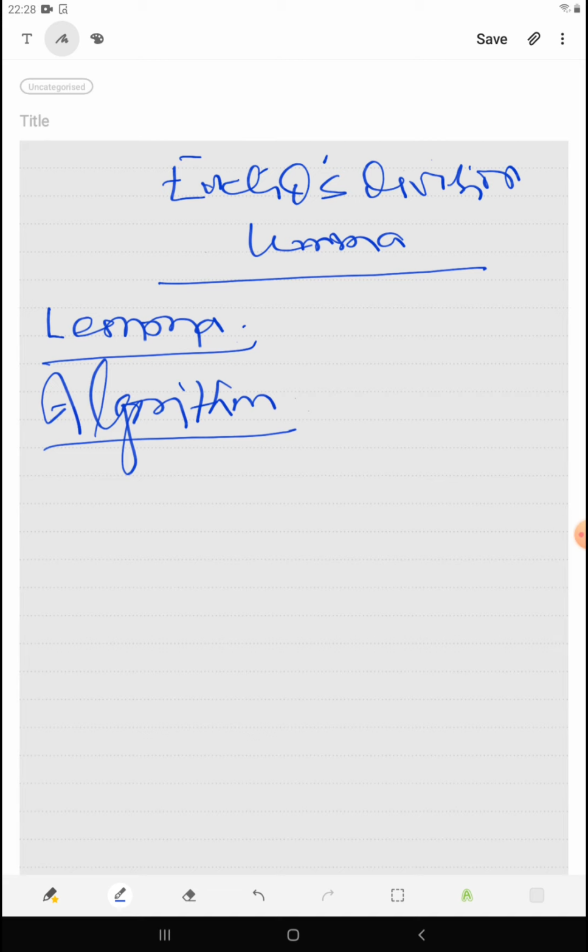That is called an algorithm. Generally these two will be used interchangeably in this chapter, Euclid's division lemma, chapter 1.1 of CBSE class 10 mathematics. So don't get confused whether it is lemma or algorithm, both are the same.